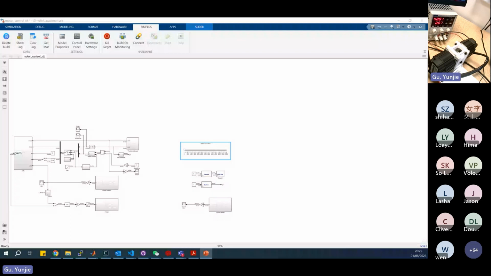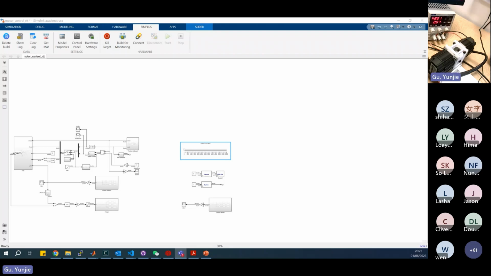The red board here is the MCU, and these are two motors to be controlled. One of the motors is controlled by the MCU, and the other motor is controlled by a motor controller, so they can load each other.